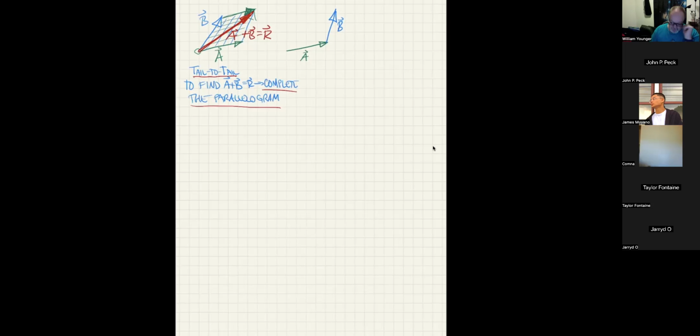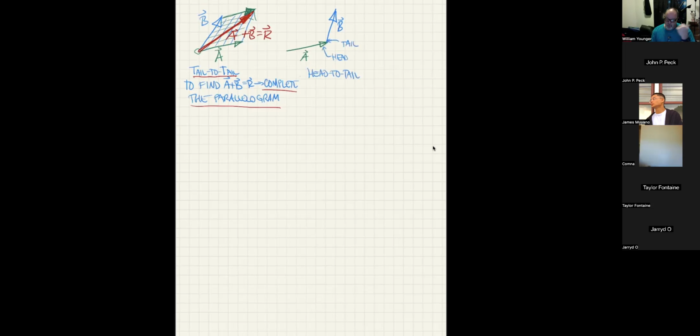Head to tail. Yes, this is head to tail. And the reason why is that's a head and that's a tail.